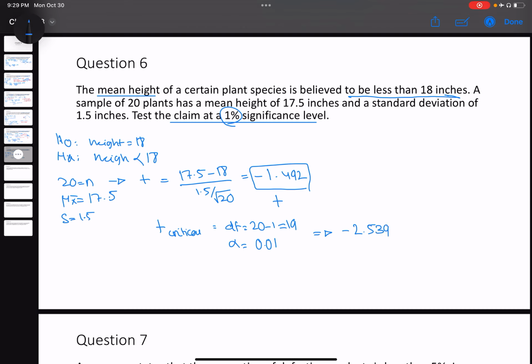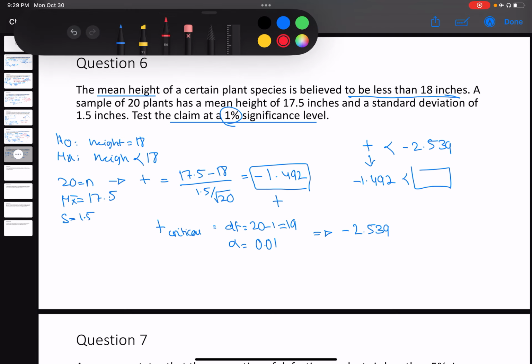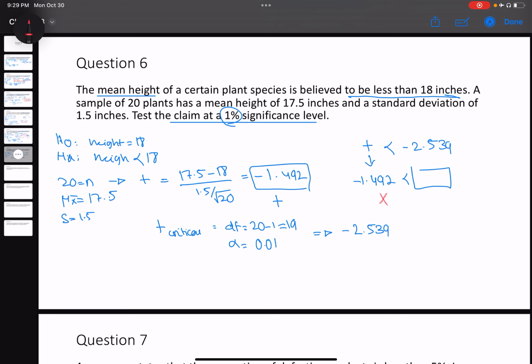So in order to reject the null, our calculated t has to be less than minus 2.539, and we got t as minus 1.492. Is it less than this value? No. It's actually not falling in the rejection region.